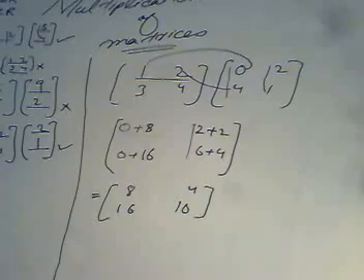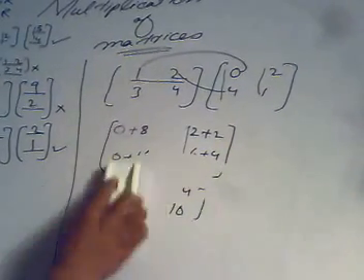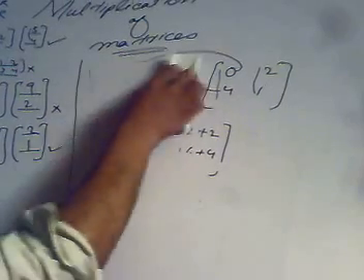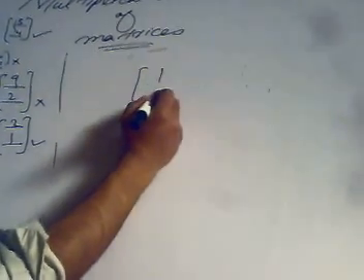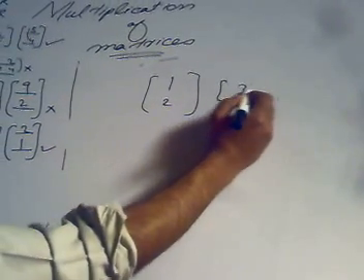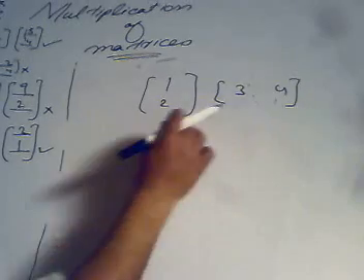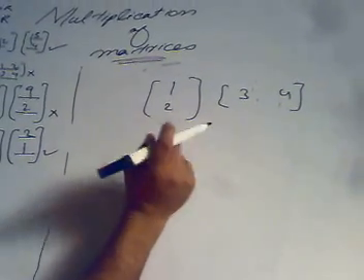Okay, now let's consider another example to understand it more clearly. Suppose I have another matrix, and I'm multiplying 1 2 with 3 4. First I will check whether these matrices are conformable for multiplication or not.